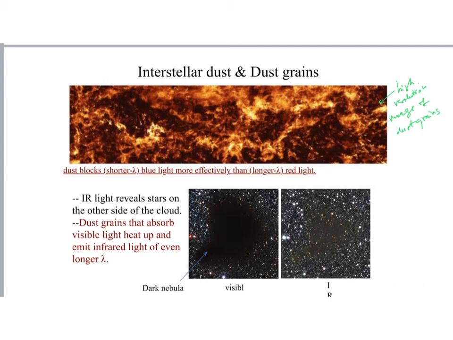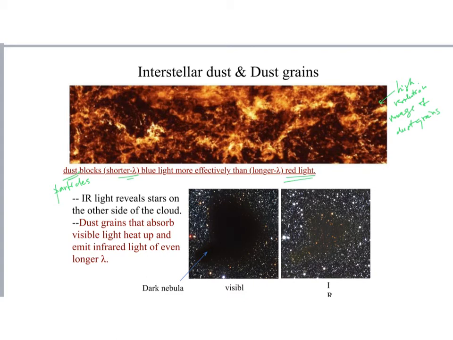It turns out that dust particles appear red because they are very efficient in blocking the blue light, the shorter wavelength light, and a lot more effective in re-emitting or scattering the red light.